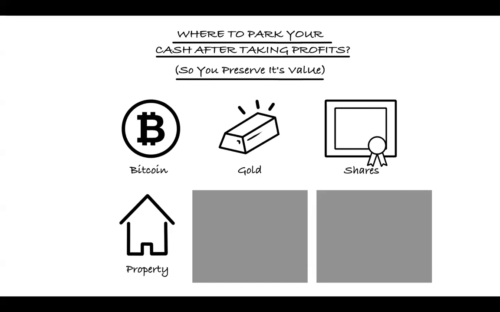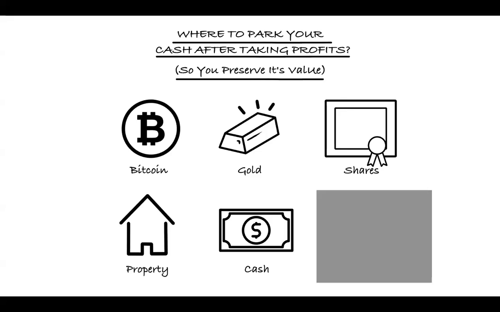So I'm looking for real world assets to have it in, and obviously having cash on hand, in my opinion, is a massive benefit as well, because you can cash in on potential dips in the market.